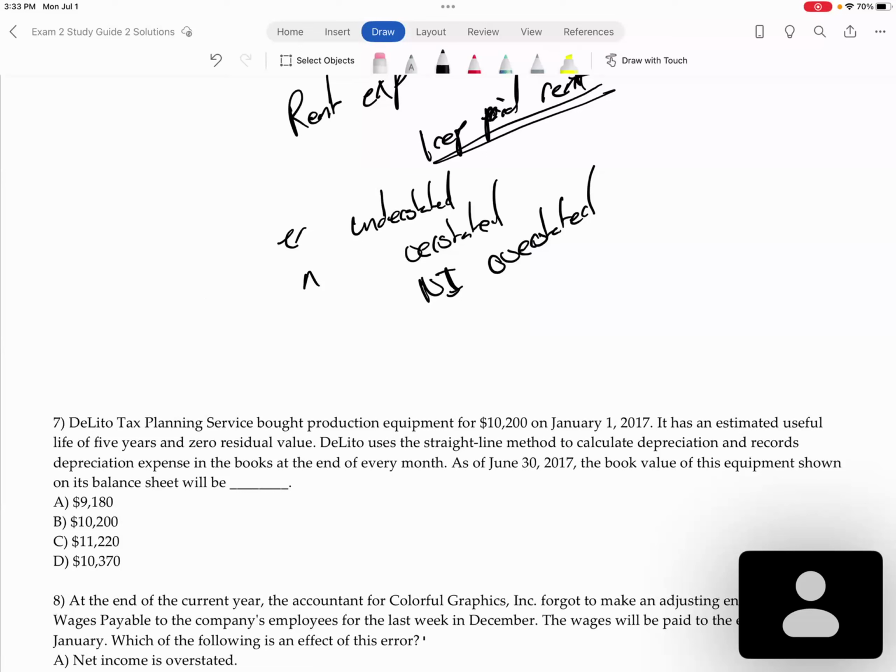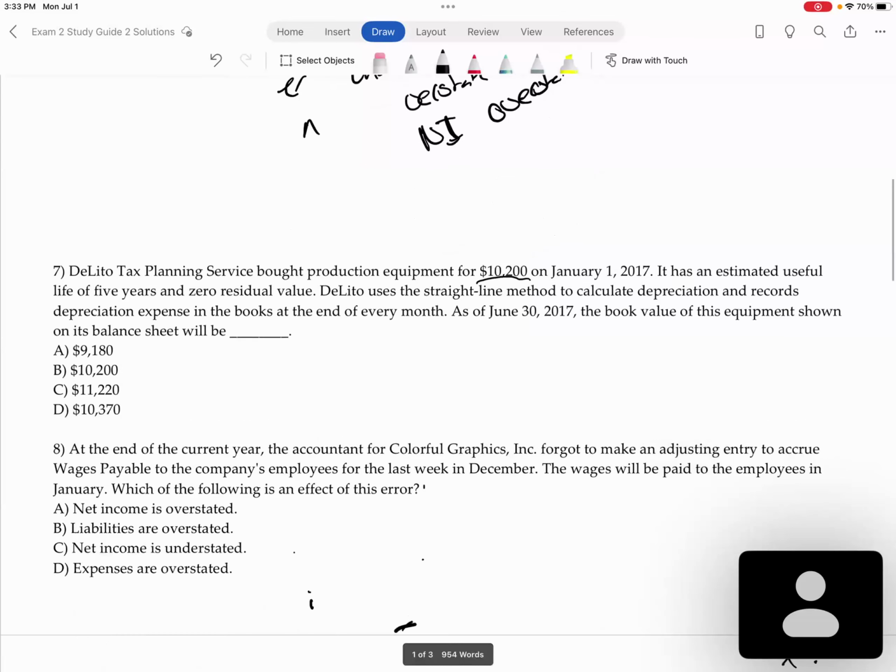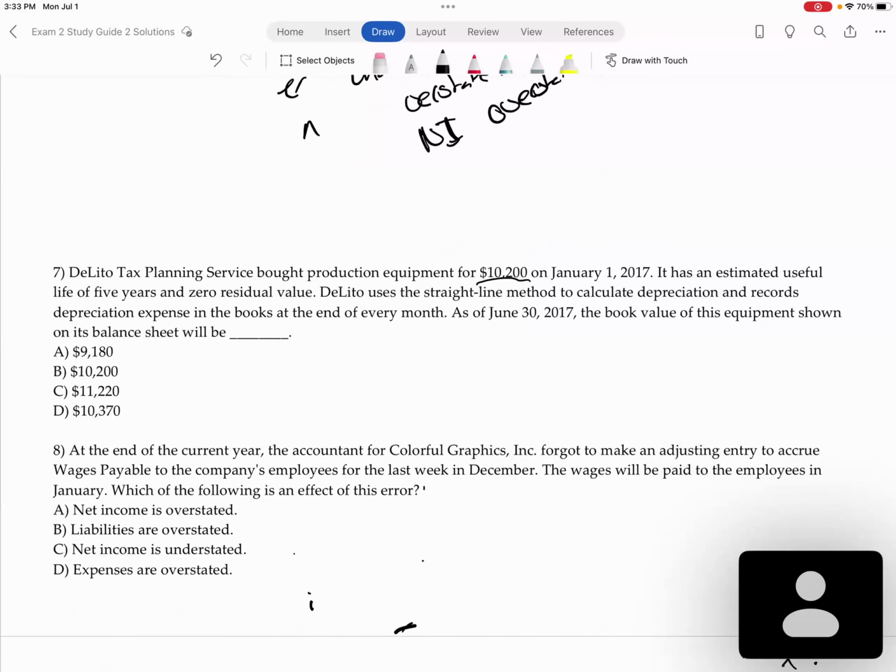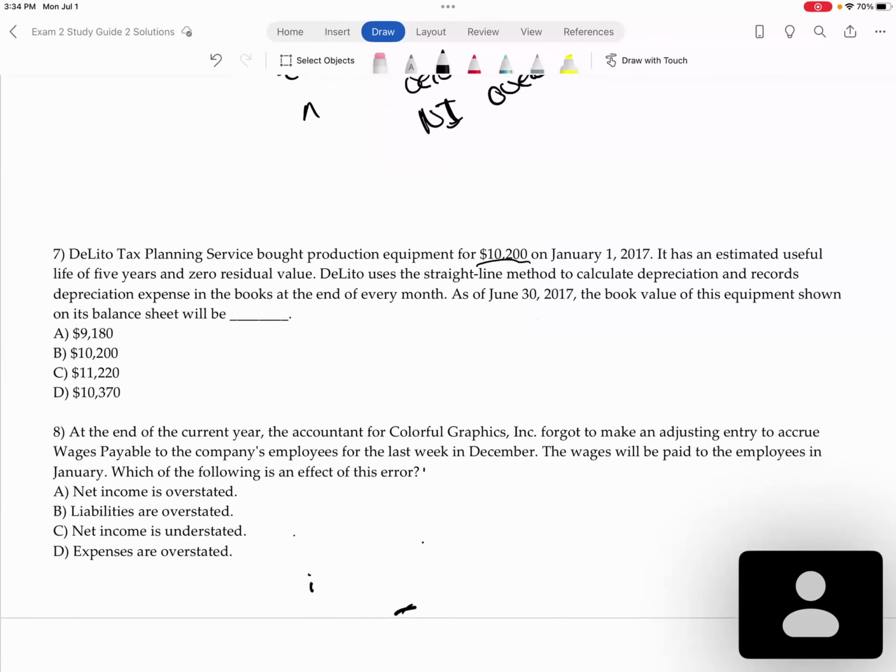So this one here, well, we bought this equipment, $10,200, 5 years. They use the straight line method, calculation depreciation for every month. The book value of this equipment is shown in the balance sheet date. It will be, okay. So this is asking for the book value. I think there might be a problem like that on the test.